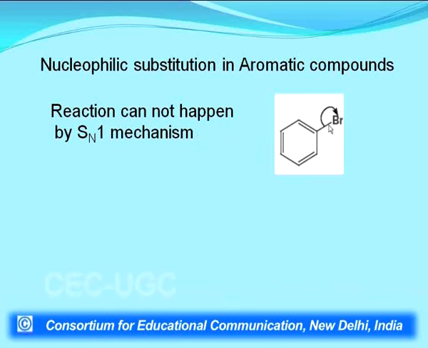The solvent is not able to polarize these bonds, and it is very difficult to break this bond automatically. But this reaction is possible with good leaving groups. We will talk about it at the end of this session.